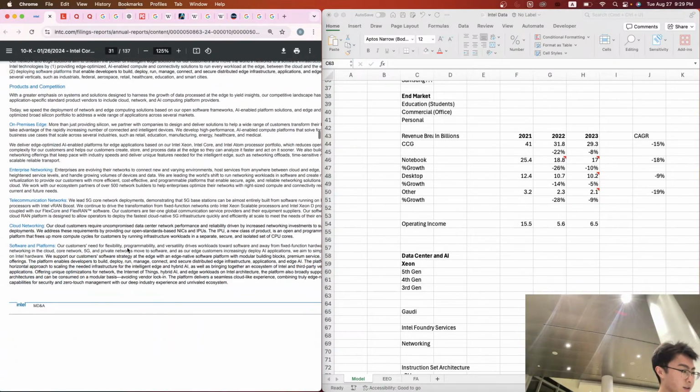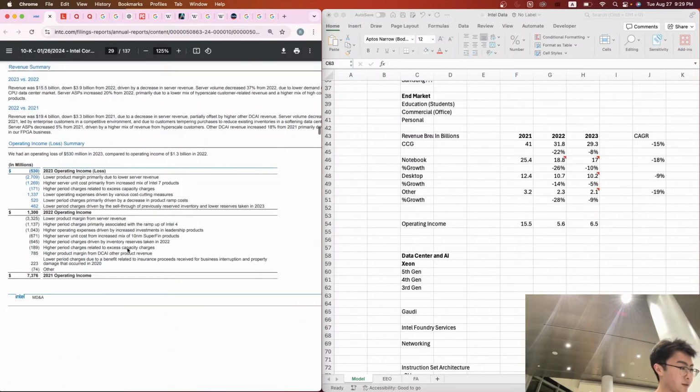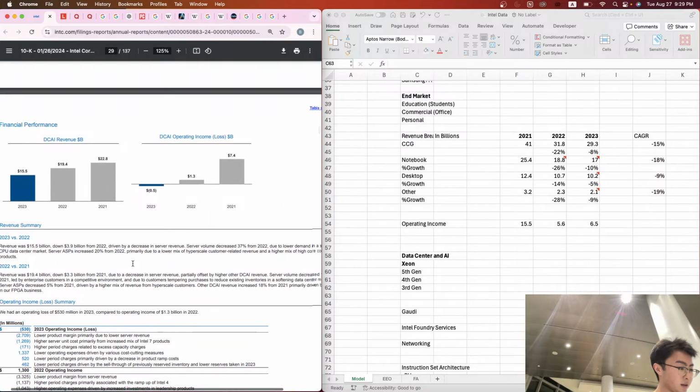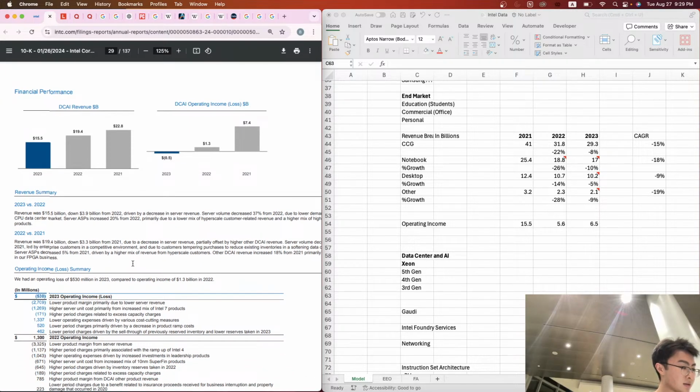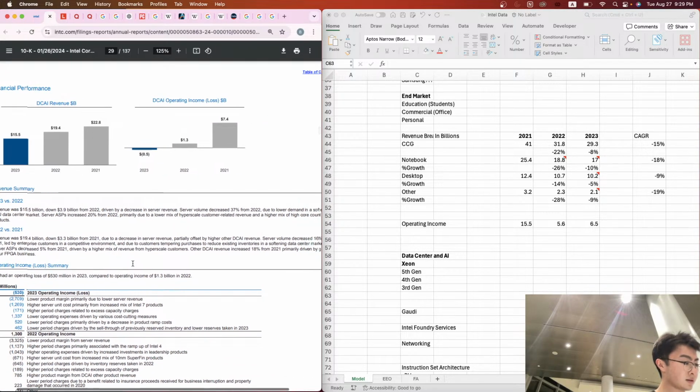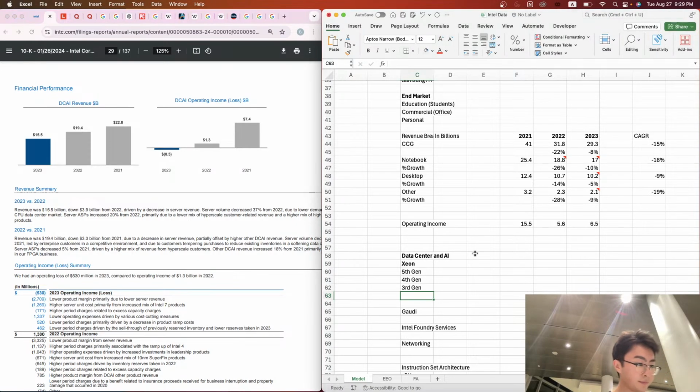This doesn't give us a breakdown of the products though. (2021, 2022, and 2023). Okay.